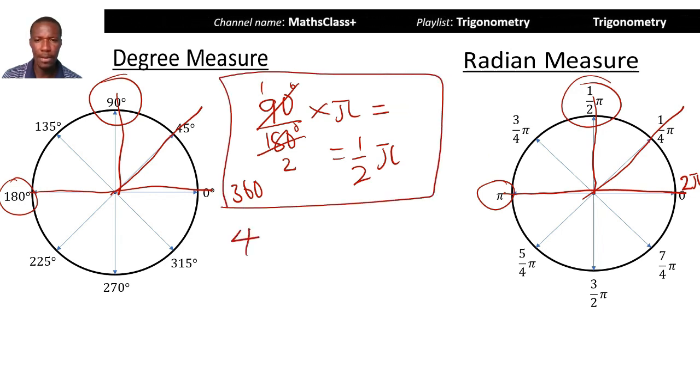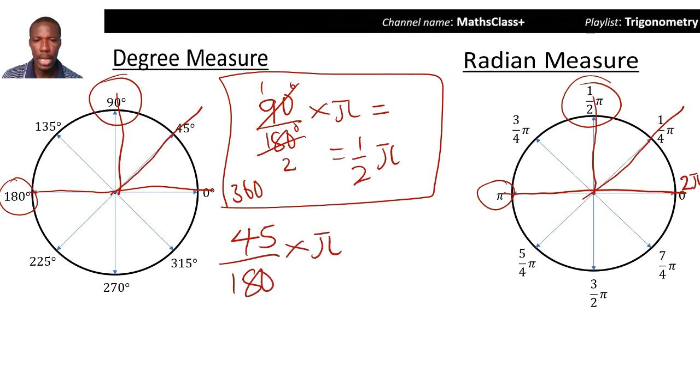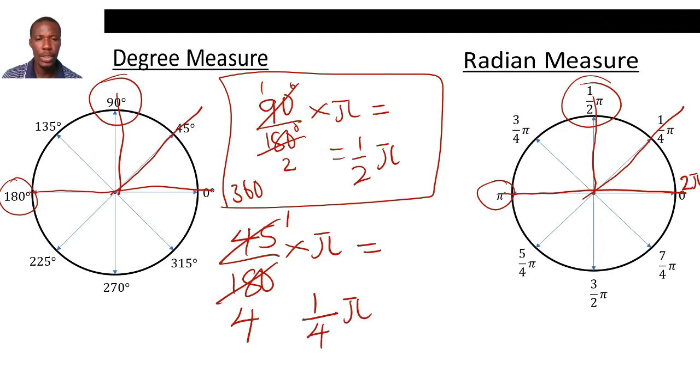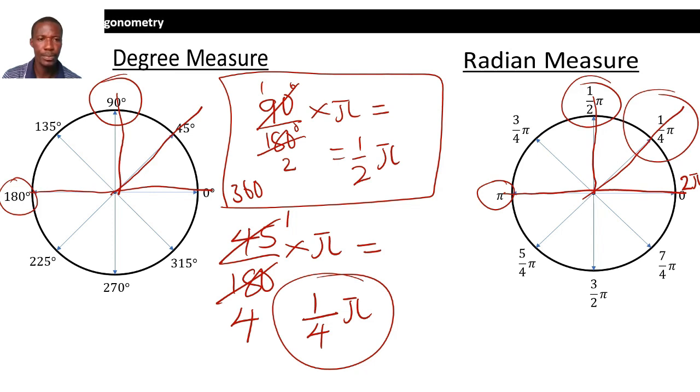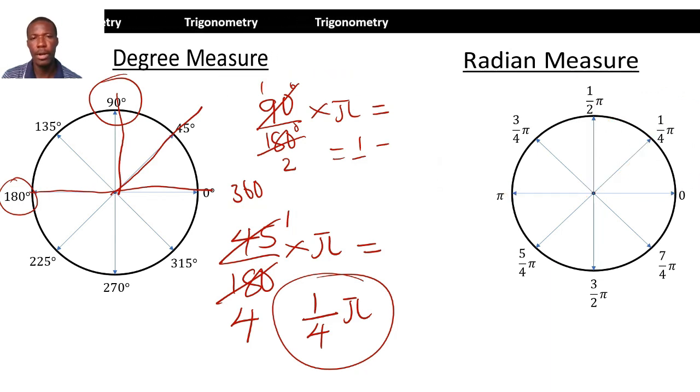So 45 over 180 times pi. What will that give? 45 goes into itself once, and into 180 four times. And then that will give me 1 over 4 pi, which also is true for what I have here. And so this is how we verify the conversion.